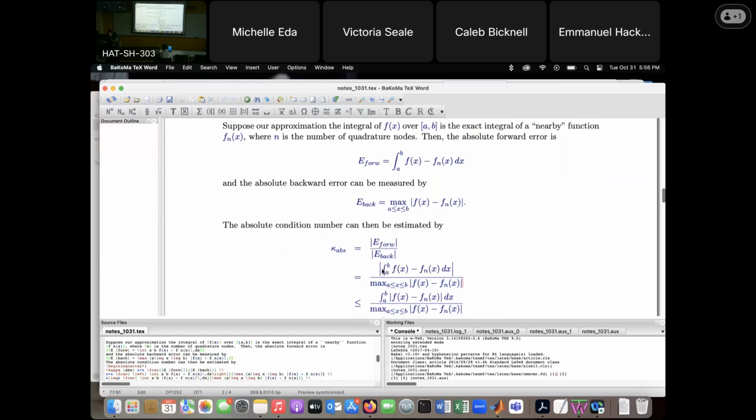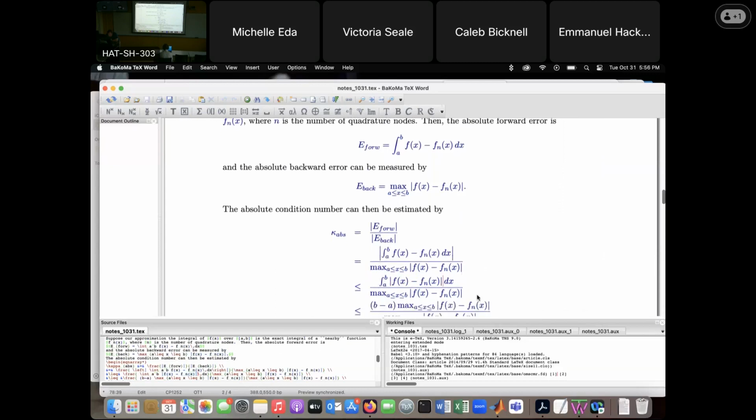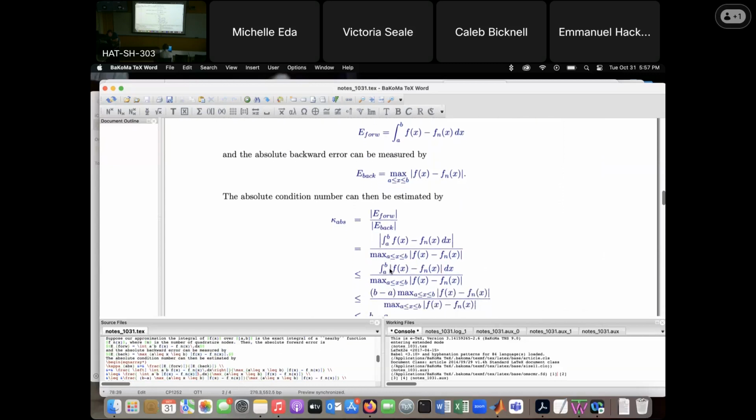Now, the absolute value of an integral, this is a good thing to know, is always less than or equal to the integral of the absolute value of the integrand. So if you have the absolute value of the integral, you can move the absolute value bars inside, as long as it's less than or equal to. But then the integral of this absolute value is less than or equal to the length of the interval [a, b] times the maximum value of the integrand, which is the absolute value of f minus f_n.